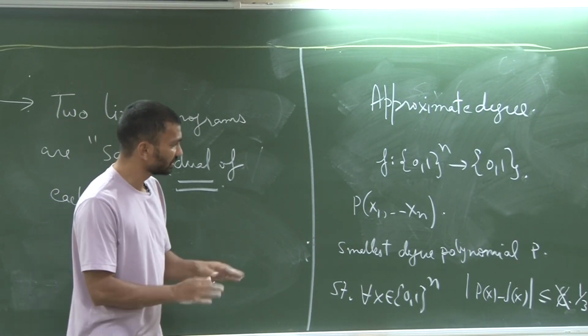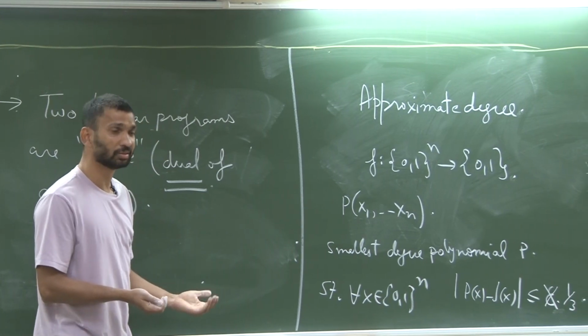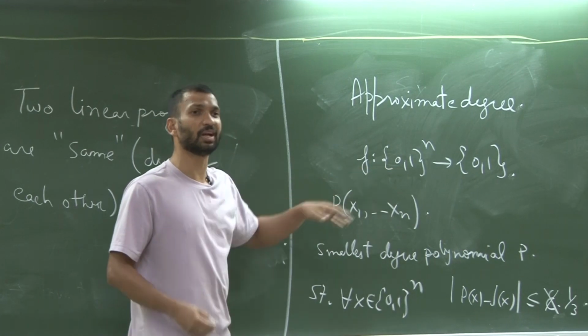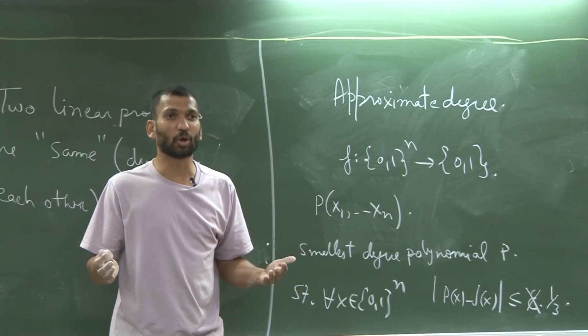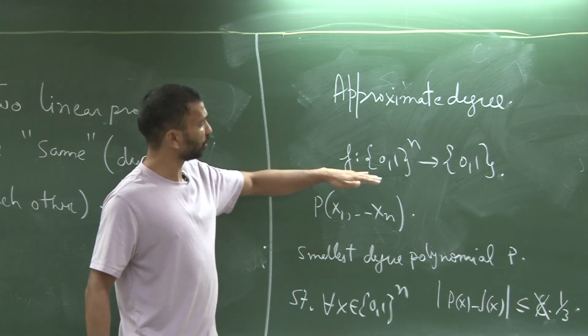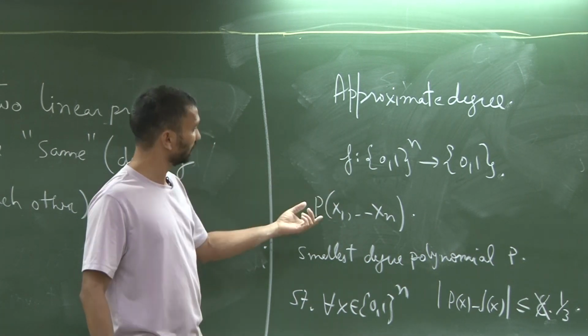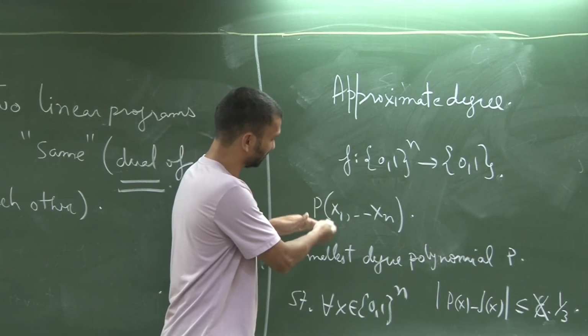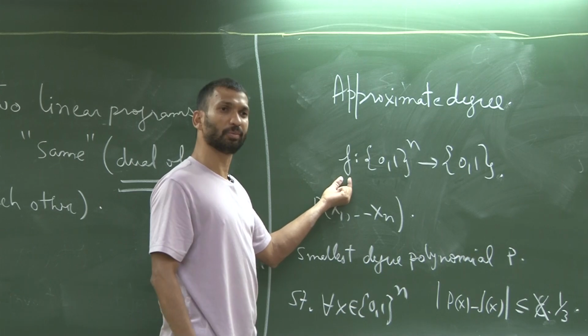So let us take some time to absorb it. Once more, we are given a function, we want to understand what is the best, in some sense, polynomial representation. Okay, actually a lot of it is known. It is known that if you want to have a polynomial representation of this certain kind, then there is a unique polynomial.